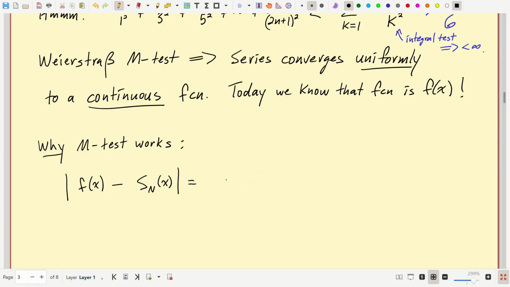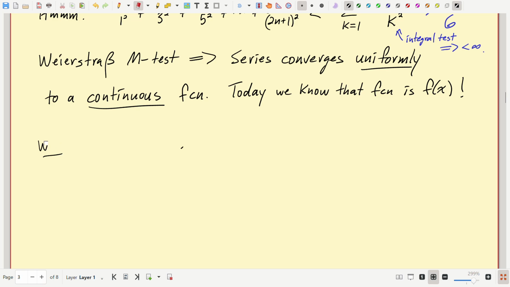I claim that this is the sum of the terms. I picked a kind of a crummy one. I'm going to say why the M-test works in a minute here. Okay, so I'm going to assume at the moment you remember how the M-test works.